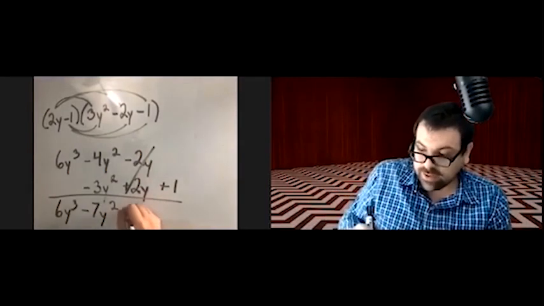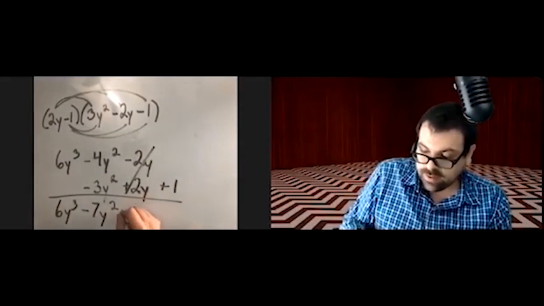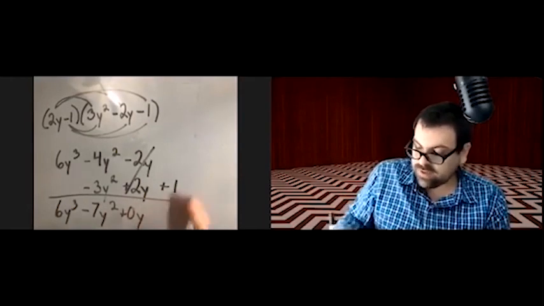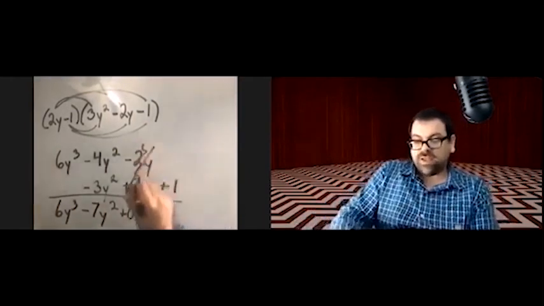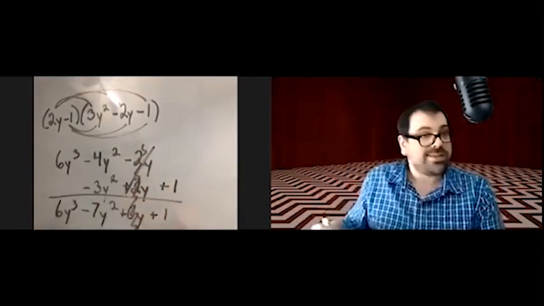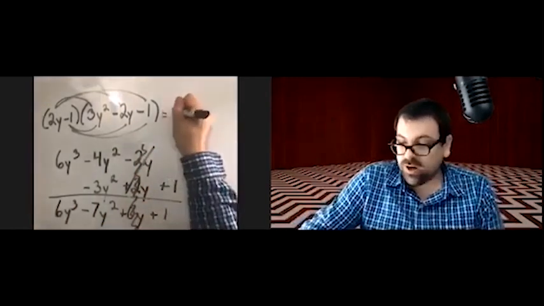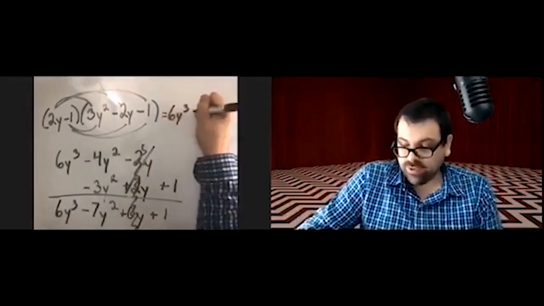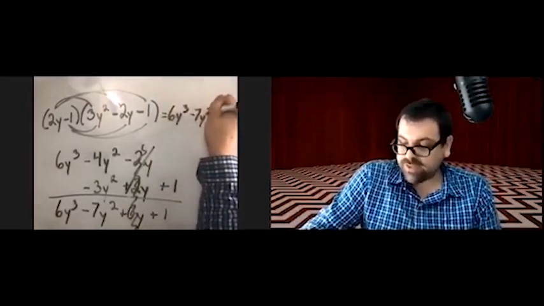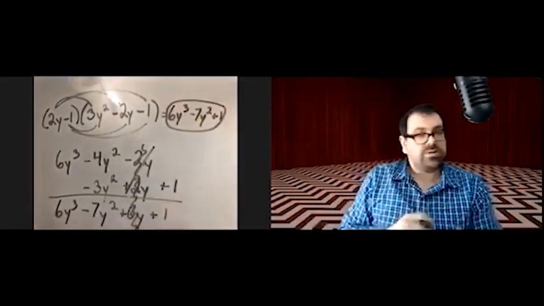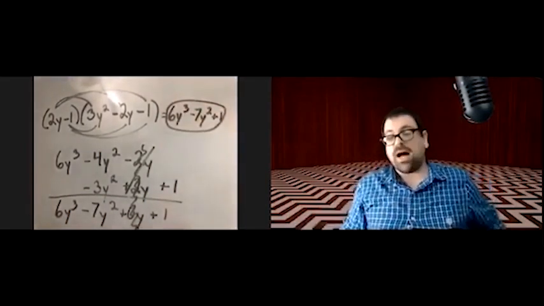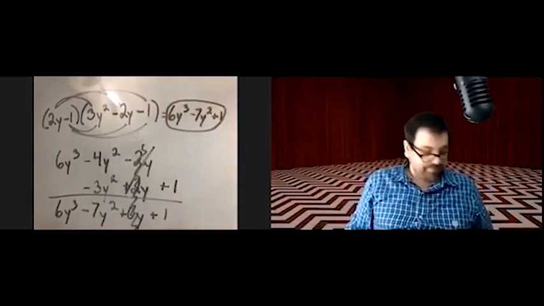That's 0y. And then plus 1. Cancel each other out. It's like this whole thing goes away. 0 times y is 0. We get our answer of 6y cubed minus 7y squared plus 1. You would not leave plus 0y in the final answer.